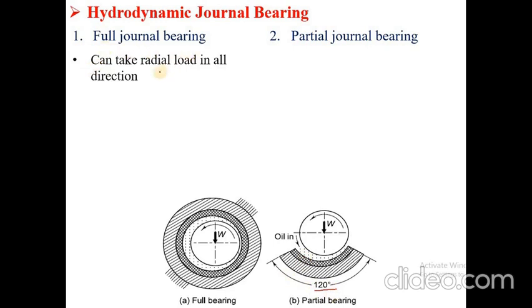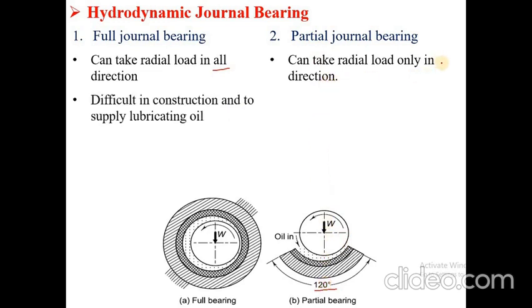Now full journal bearing, it can take radial load in all the direction. As arc of contact is in 360 degree, it can take radial load in all direction. Whereas in case of partial, it can take simply in one direction. Only in one direction over here.